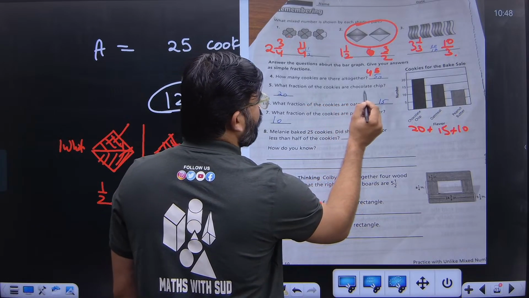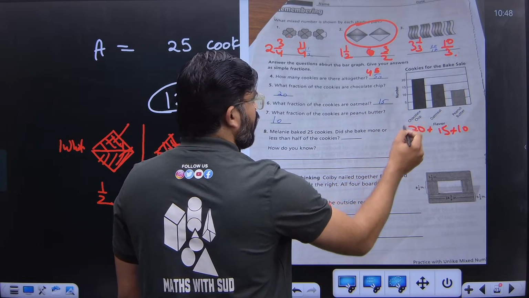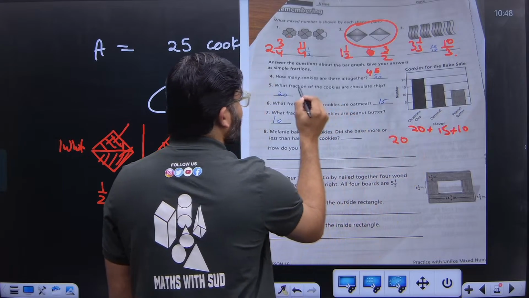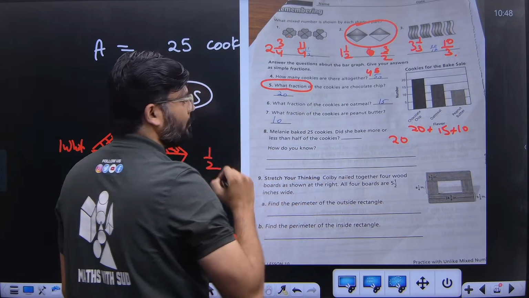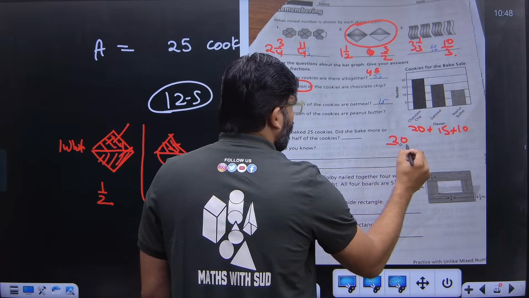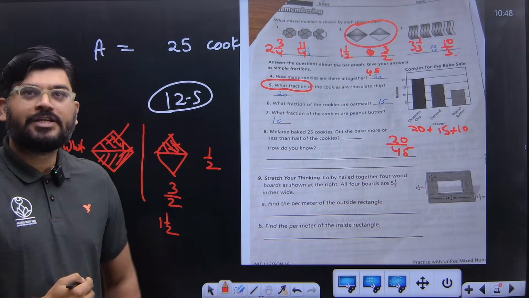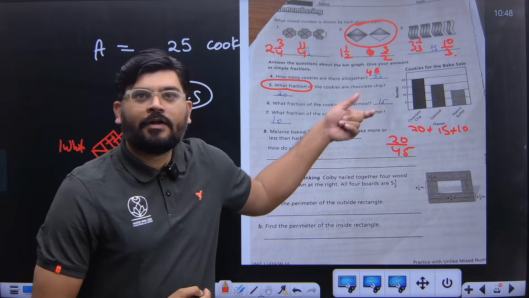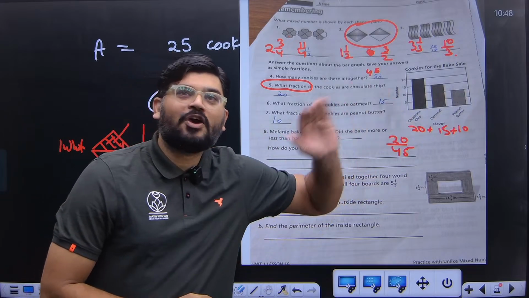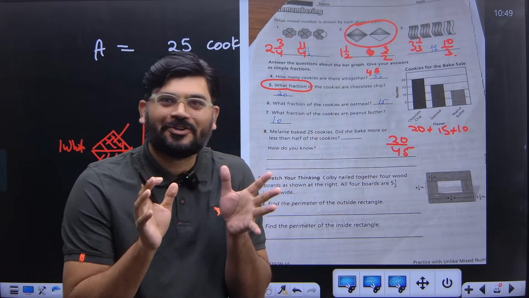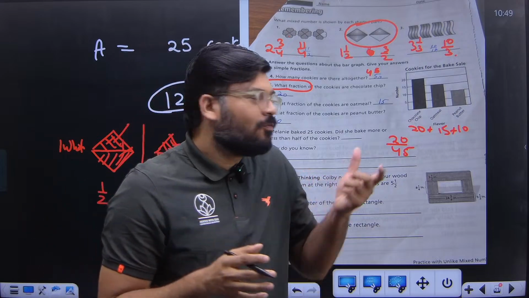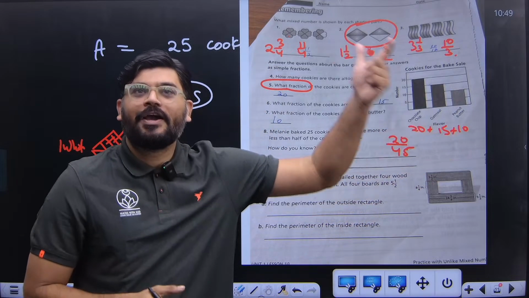Then see the next question. What fraction of the cookies are chocolate chip? So chocolate chip is 20. They are asking the fraction, my dear. So 20 over 45. Fraction is part of a whole. I told you the value of the whole. So what was the value of the whole? 45.